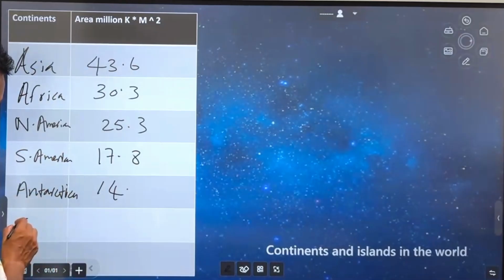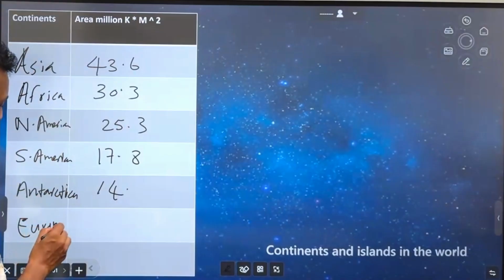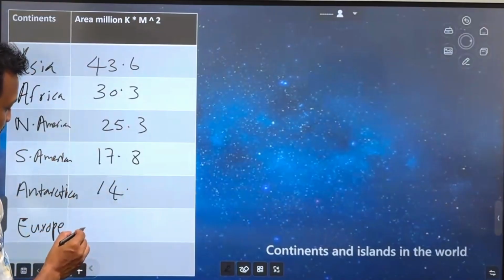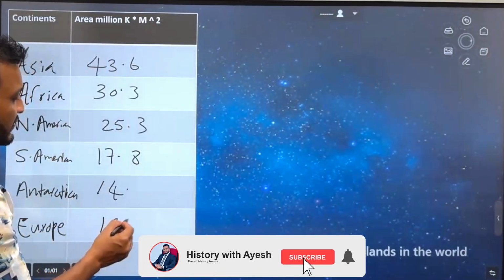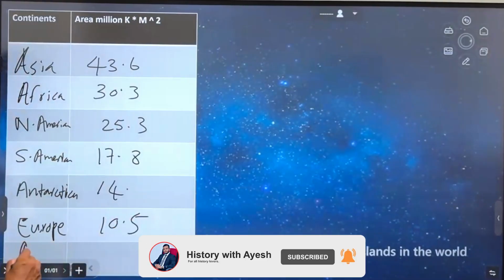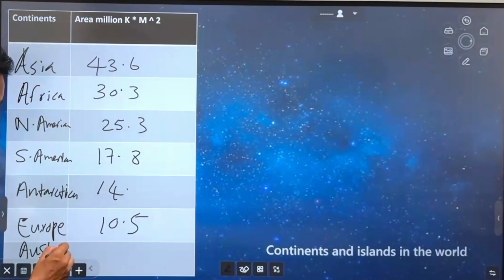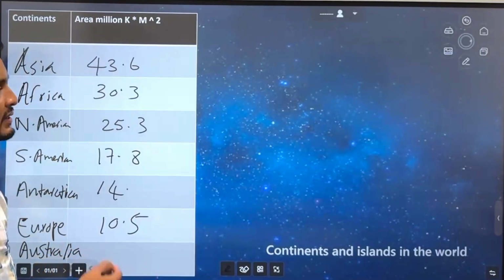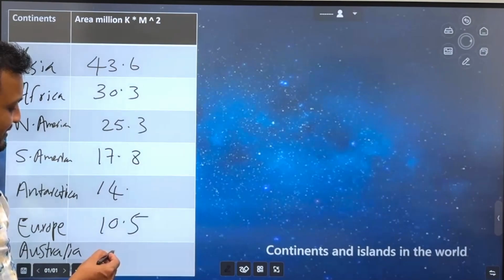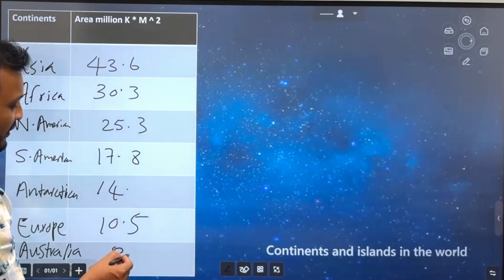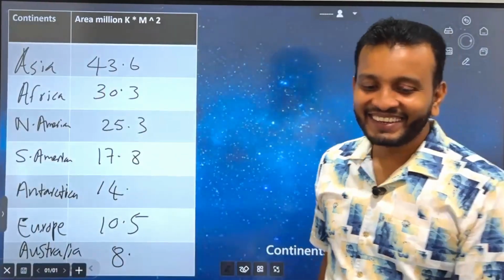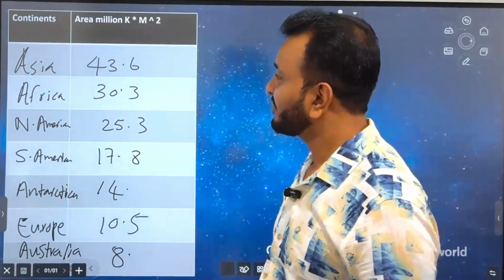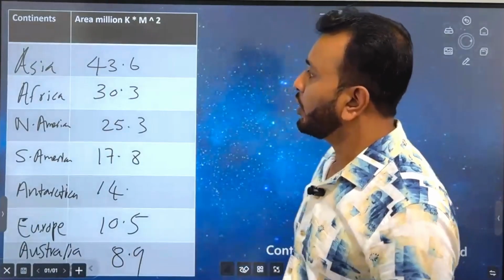Europe, 10.5 million kilometers. Then Australia, the Australian continent, 8.9.